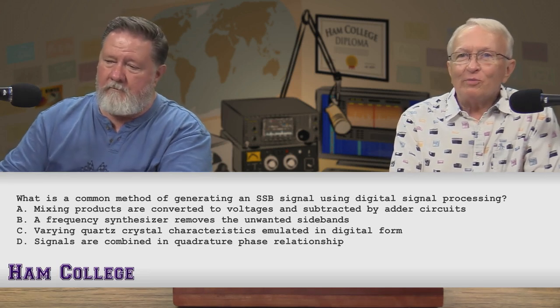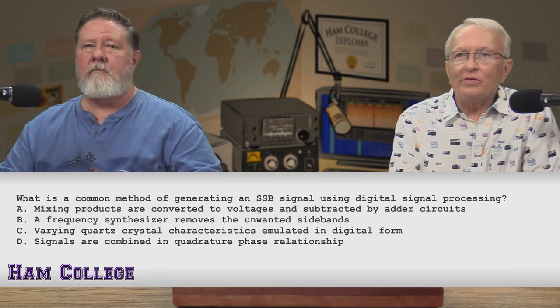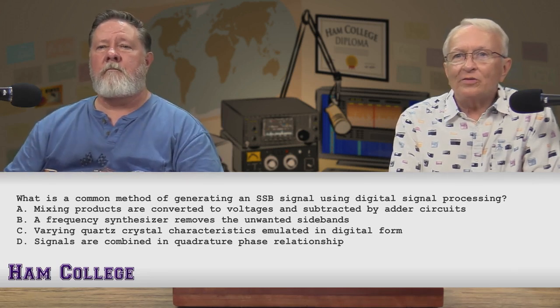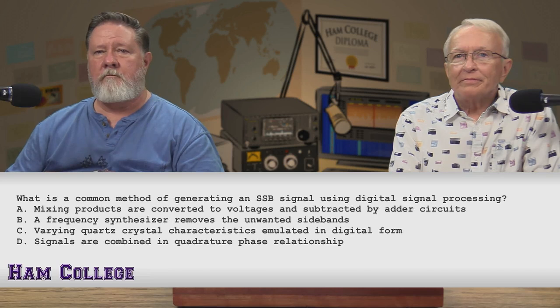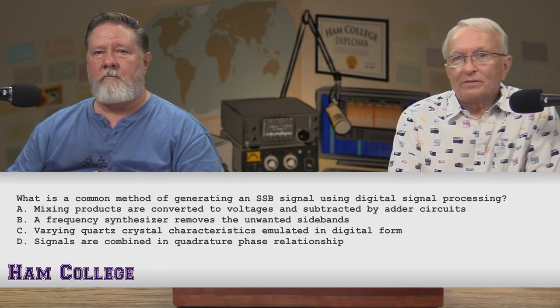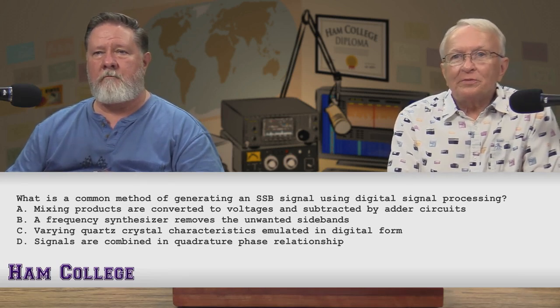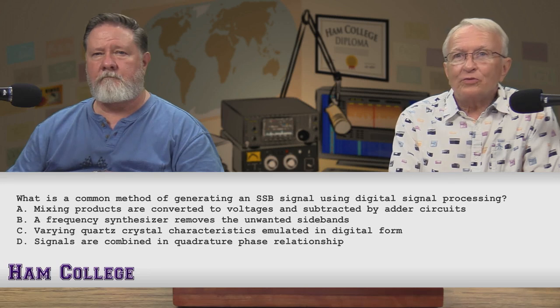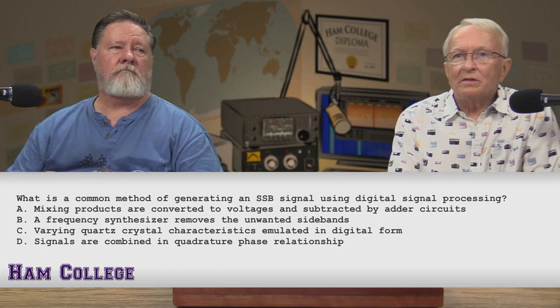A. Mixing products are converted to voltage and subtracted by adder circuits. No. B. A frequency synthesizer removes the unwanted sideband. No, a frequency synthesizer would be a generator. How's that going to remove anything?